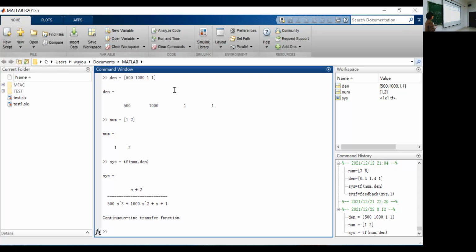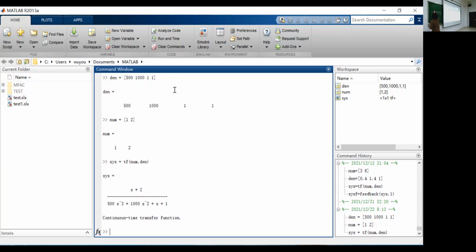The first 3 steps are all right, but the last code is not the same. TF just means the numerator and denominator are in forms according to the decreasing order of s. But here we have the form of zeros, poles, and K. Then another code should be used.